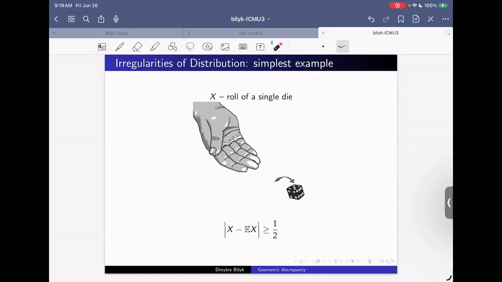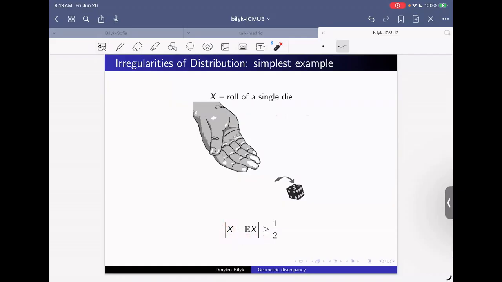Okay, so here you're rolling a die, and you're looking at the number that you get, and you're comparing it to the average, the expected value. So this is a discrepancy in some sense. You have the expected value and you have the actual value.